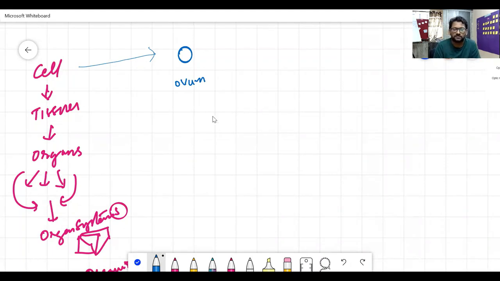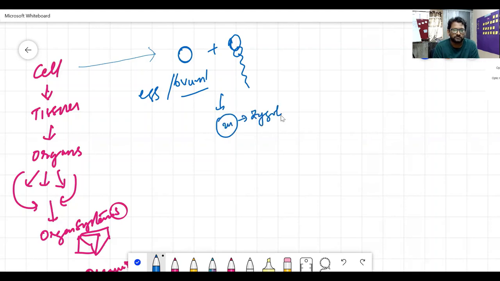The cells like the ovum or egg will be fused with a sperm to form a 2N zygote. So what is 2N here? N equals a single set, equal to 23, and 2N equals 46.